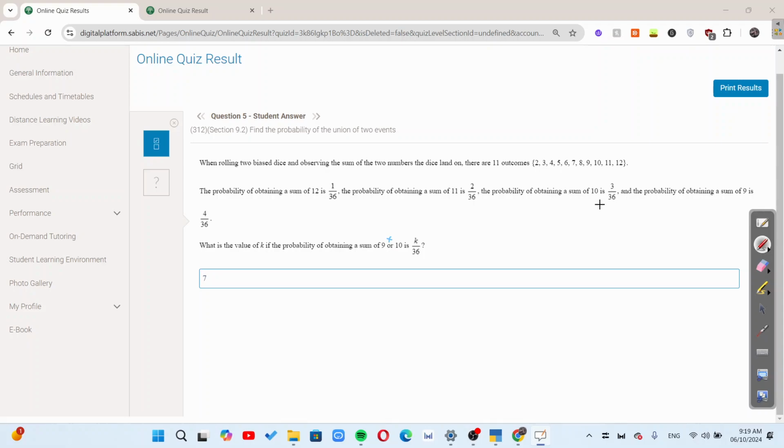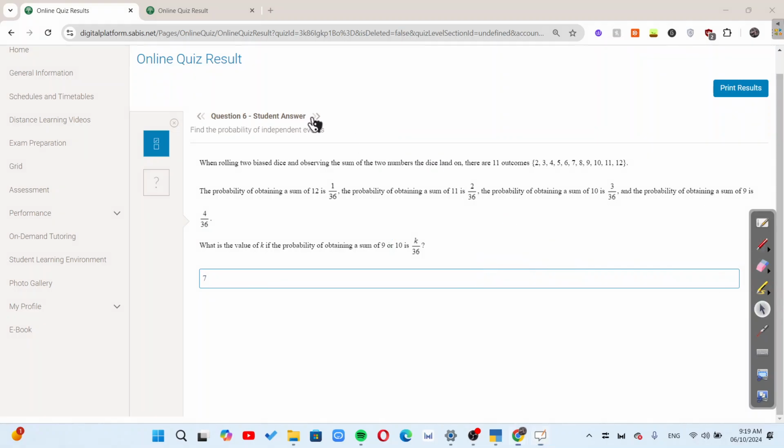So it's 3 over 36 plus 4 over 36 equals 7 over 36. And that's how you get your answer. This is probably the easiest question in this quiz.